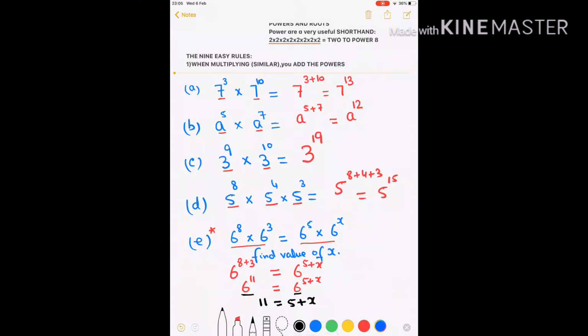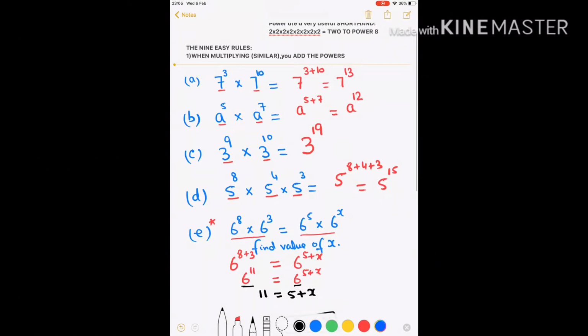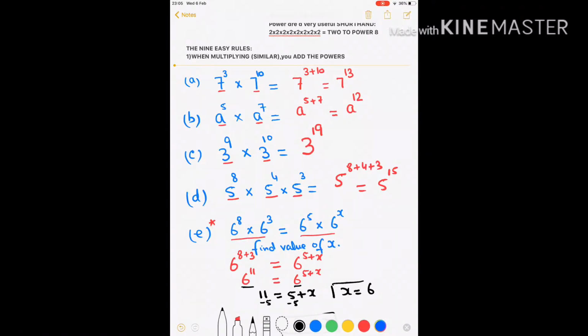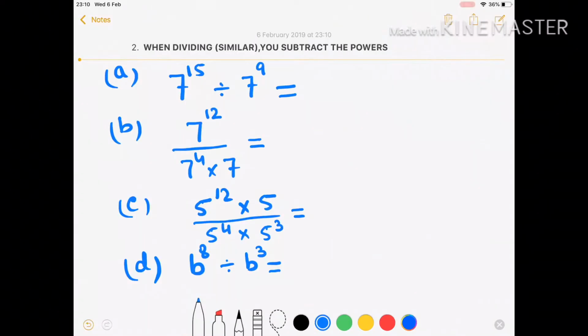Solve the equation: subtract 5 on both sides. After that, you'll get x equal to 6. This is the answer for the question.